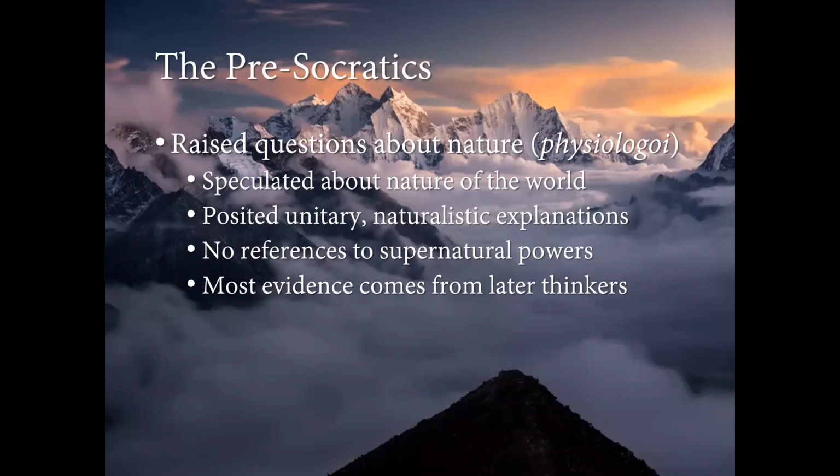And when I say explanations, there are two things you have to understand about these. One is that most of these seem to have no reference to supernatural powers. That's pretty rare for the ancient world, if not totally unique. The second thing is we don't really know exactly what these people believed, and the reason why is most of their works have not survived except in fragments.